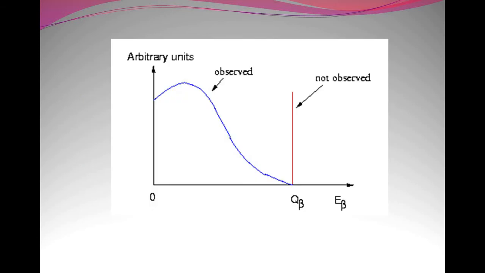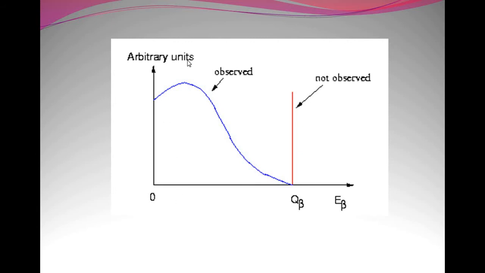So you can see that this E beta is the energy of beta particles, and in the y-axis you have the number emitted. You can see that this is the observed spectrum in this blue color. You can see that this is with zero energy. So this is the maximum value or maximum number you are getting for a particular energy.